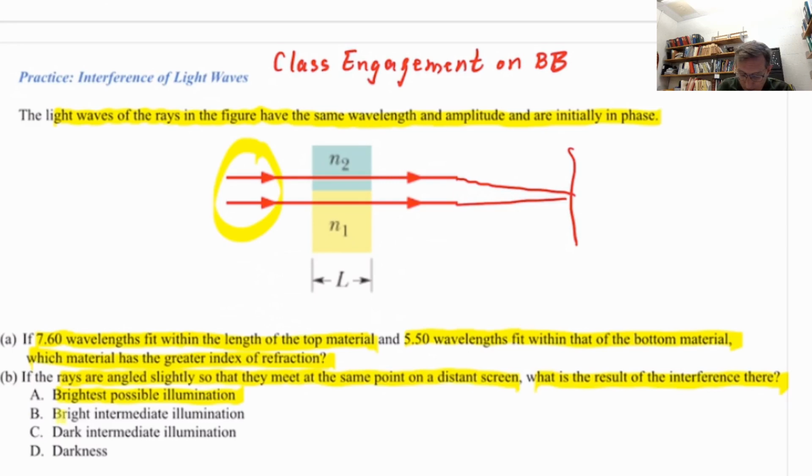Next, bright intermediate illumination, intermediate but close to fully constructive. C, dark intermediate illumination, intermediate interference, but close or closer to fully destructive. And then finally, darkness, fully destructive interference.